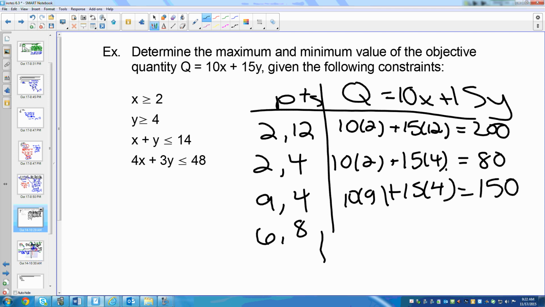And then the last one, 10 times 6 plus 15 times 8 equals 180.